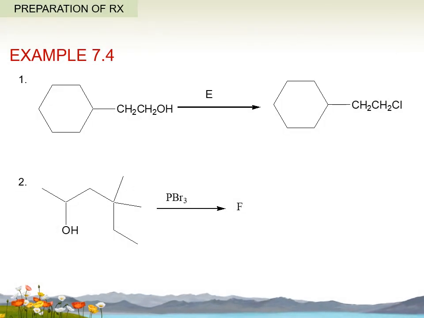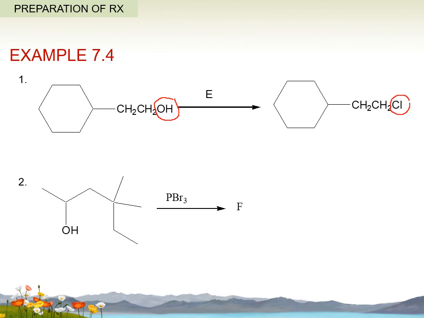Let's do example 7.4. For this reaction, we are going to do nucleophilic substitution of alcohol. Basically, we're going to learn this reaction again in chapter 8, hydroxy compound. We're going to substitute the hydroxy group here with chlorine using a reactant.